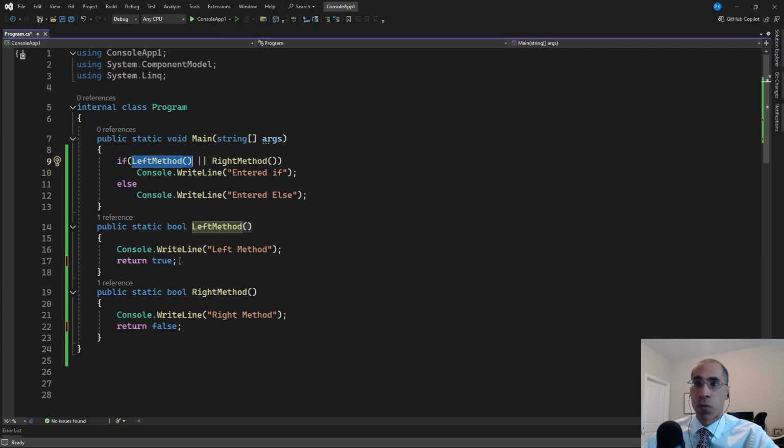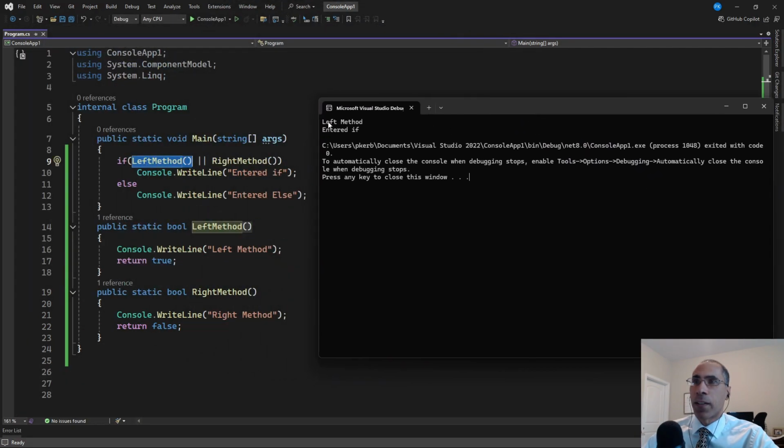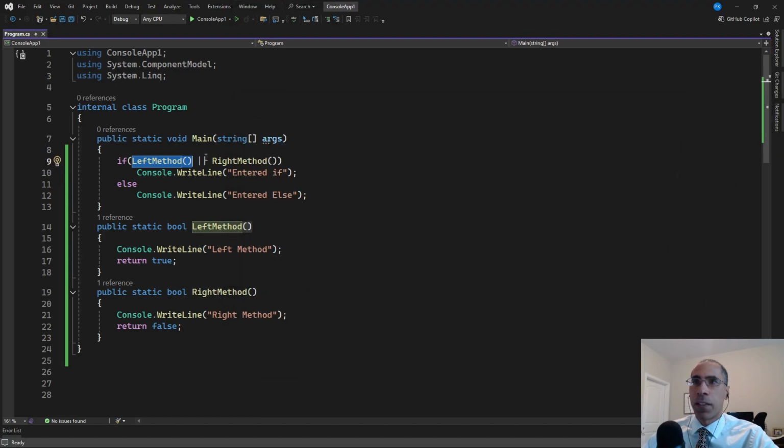It sees that it's true, and it doesn't need to evaluate the right-hand side. It evaluates the left and then enters the if statement. So that's the difference between the conditional OR or conditional AND versus just a regular OR or a regular AND.